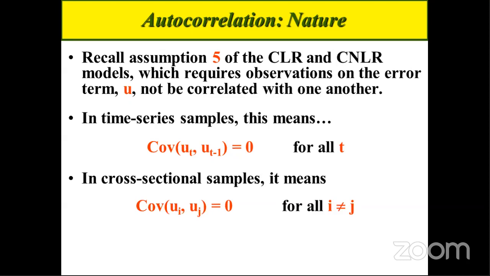But the classical linear regression model assumes the successive values of the error terms are not correlated. Hence, we can write this assumption of no autocorrelation as the covariance between ut and ut minus 1 equal to 0 in case of time series data.